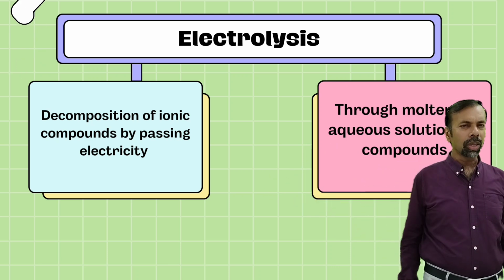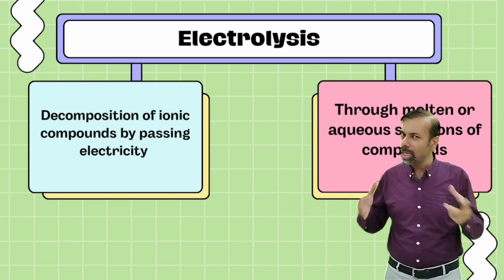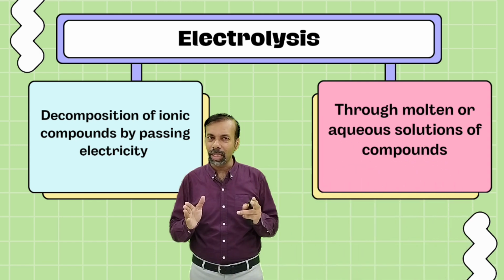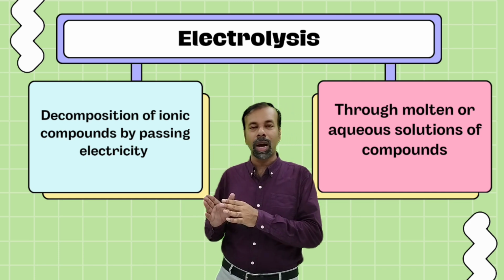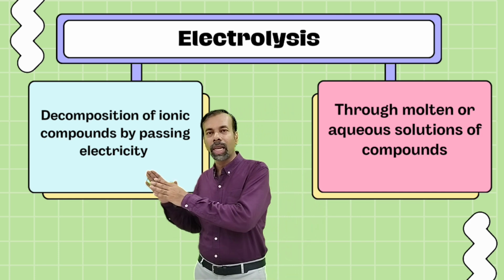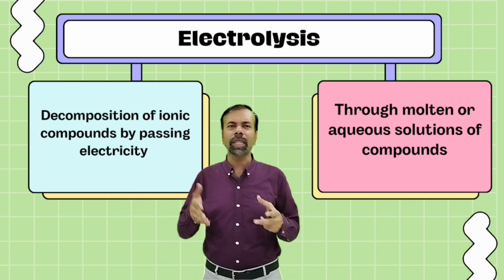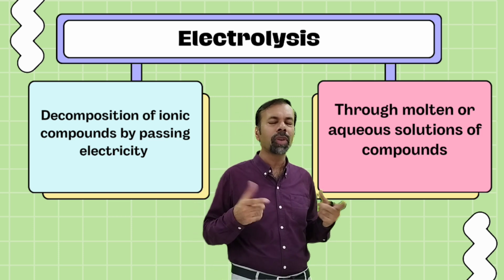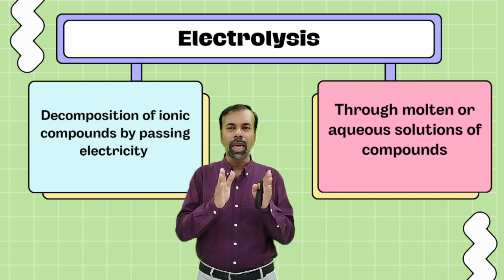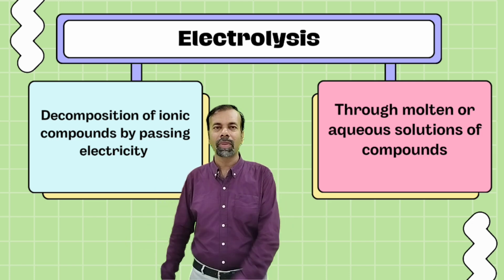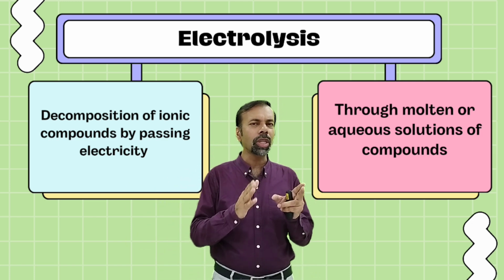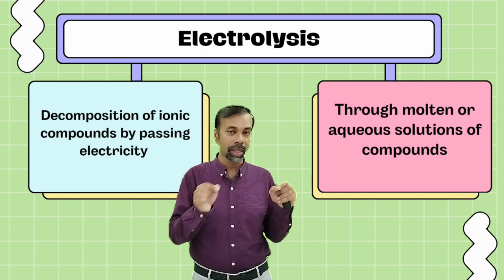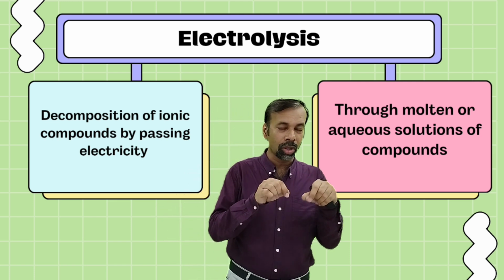chlorine. So, what is electrolysis? Electrolysis is decomposition of ionic compounds by passing electricity. Most of the time, we decompose ionic compounds because they ionize into positive and negative ions. We can also decompose water by adding some acid or salt in it.